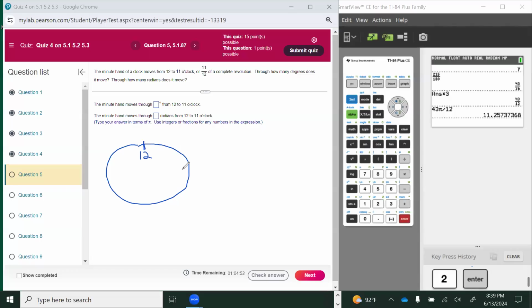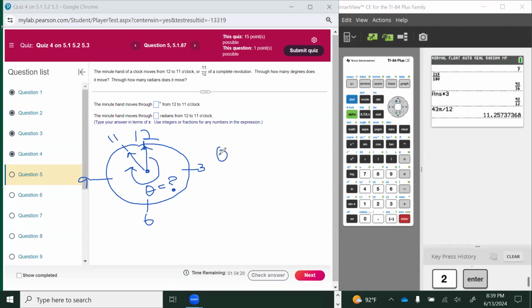That's 1. I'll put 3 here. Should have put 12 on the outside. 6 is here, 9 is here. So 11 is right here. So it's going to move, right, from 12 all the way around to 11 o'clock. So we're trying to find what's the degrees that it takes.